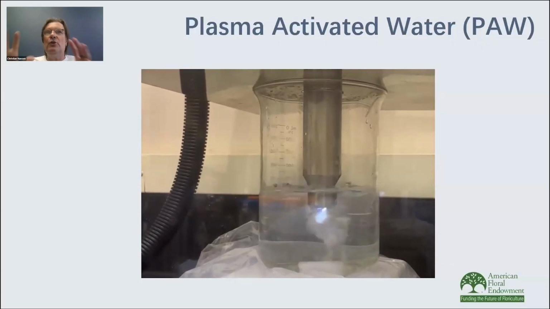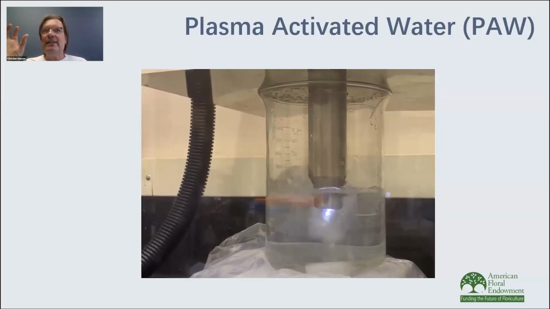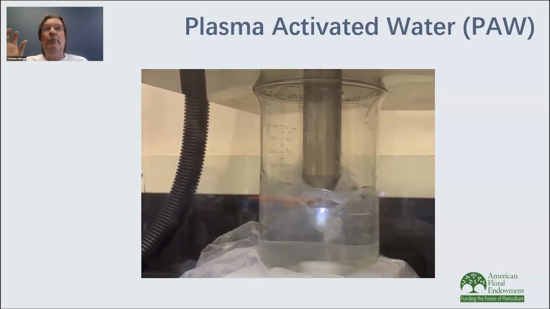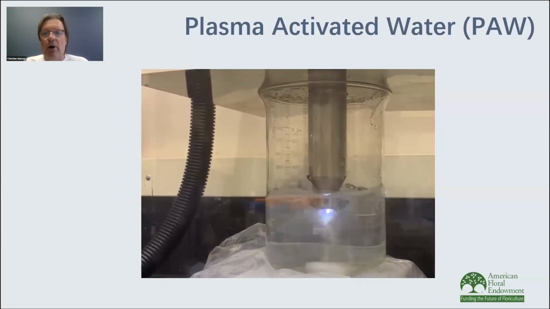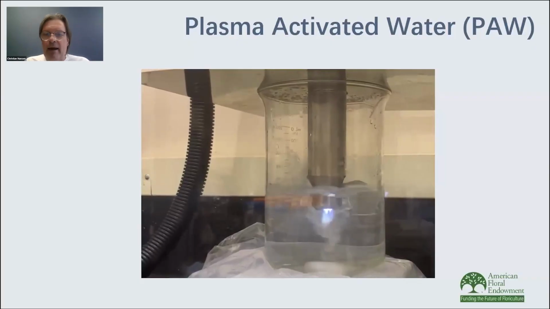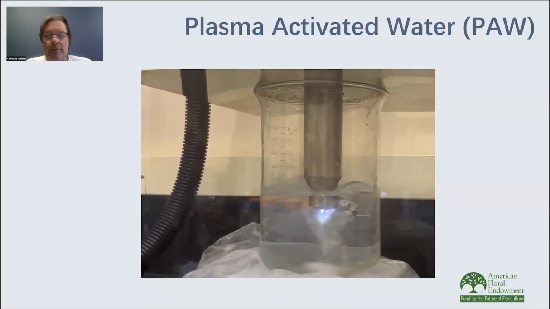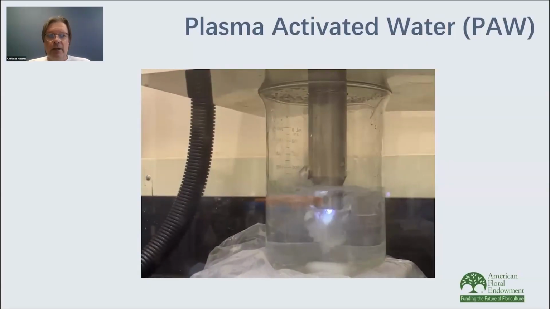Now we have free nitrogen that can work with the different oxygen and hydrogen atoms, and they are very, very reactive, and that creates a myriad of species in the water. And that is precisely what we are trying to take advantage of.